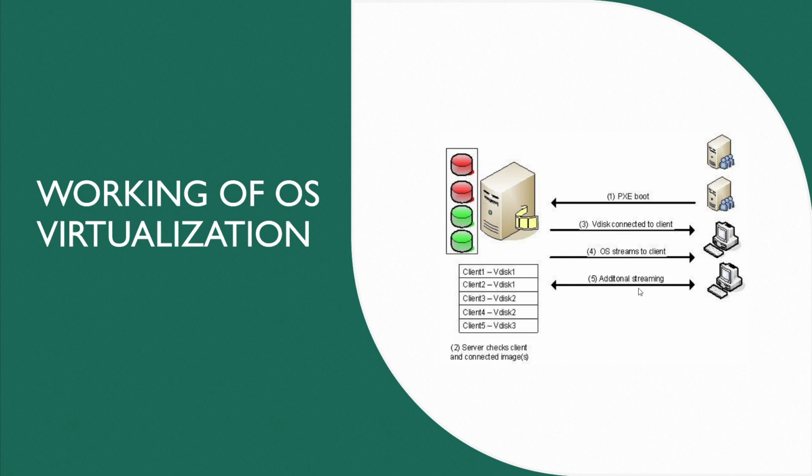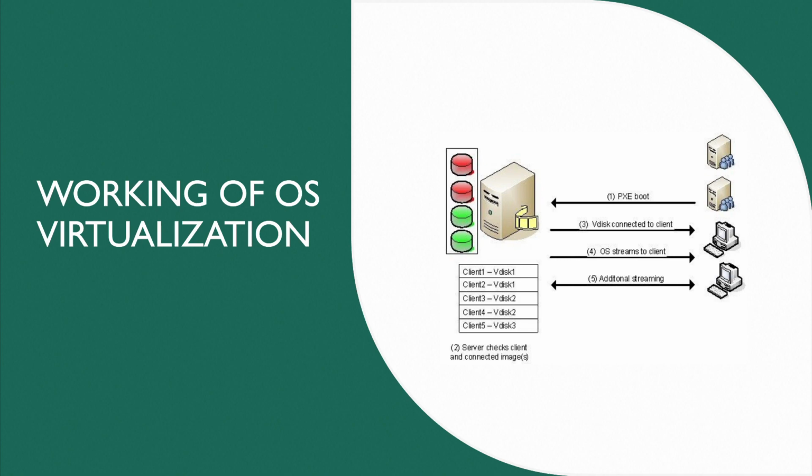And the fourth step is the OS streams to the client. What exactly does it mean? As soon as the disk is connected, the server starts streaming the content of the virtual disk. The software knows which parts are necessary for starting the operating system smoothly, so these parts are streamed first. The information which is streamed is going to be stored somewhere.